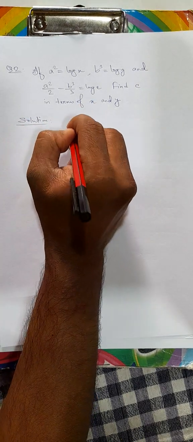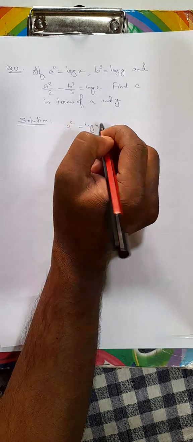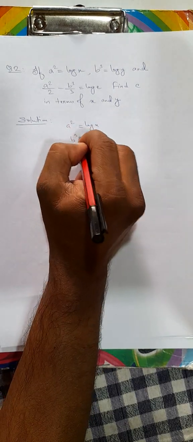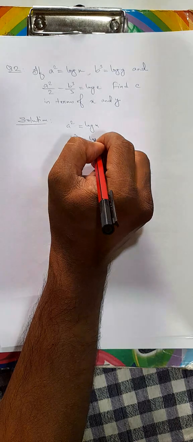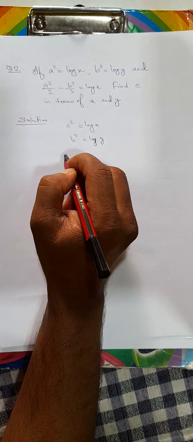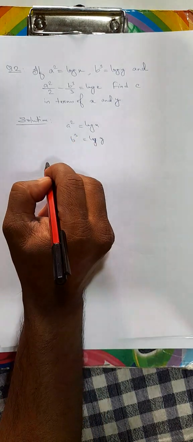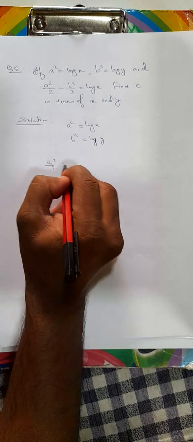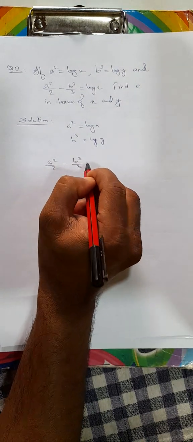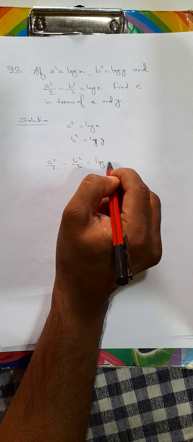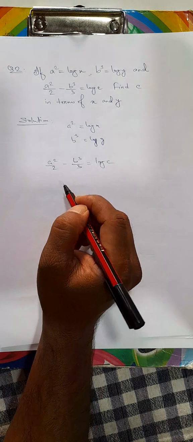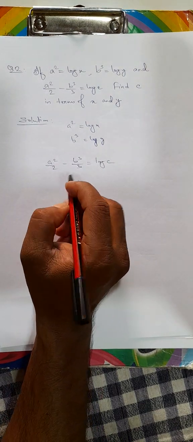You are given that a square equals log x, b cube equals log y, and you are given that a square by 2 minus b cube by 3 equals log c. Now find c in terms of x and y.